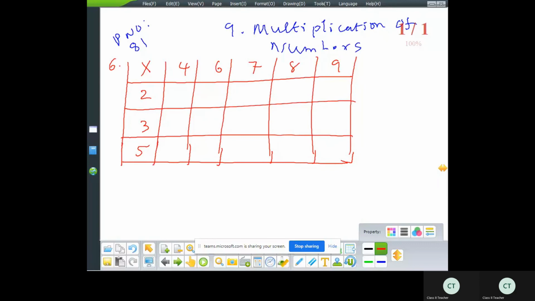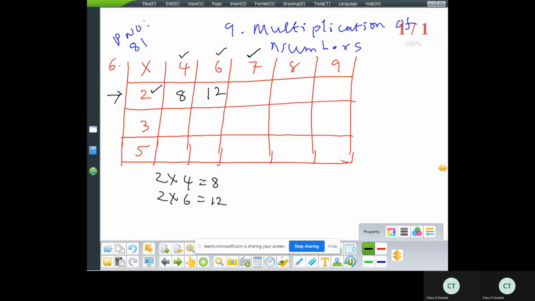Okay, students. First row, the number is 2. 2 into 4. 2 4s are 8. It means 2 tables. Next, 2 6 are 12.